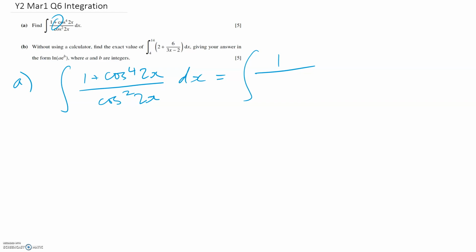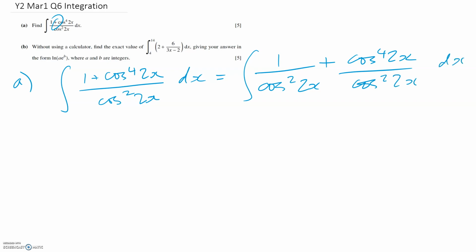So if we just split this up, then 1 over cos squared 2x plus cos to the power 4 2x over cos squared 2x. So that means we're going to get here, this is sec squared 2x, this is cos squared 2x. So already that looks a lot easier to integrate than the original question.